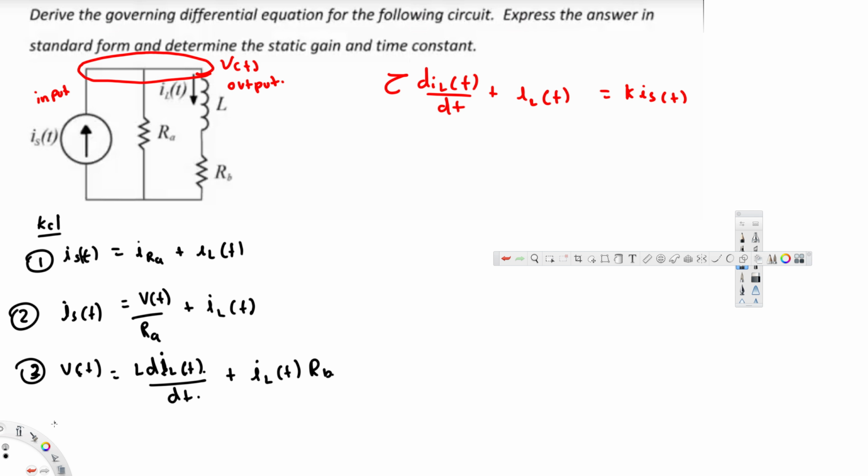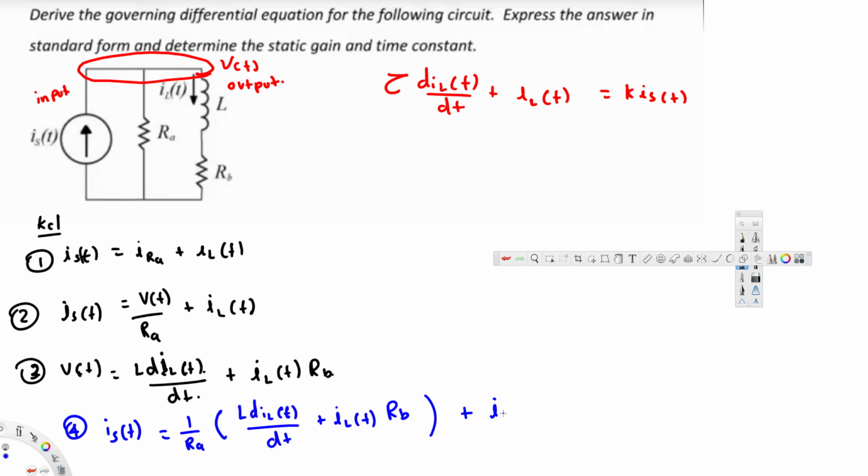If you do that, the fourth equation, let's write this one in a different color, we are going to have is(t) equal to 1 over RA, and instead of v(t), I'm going to plug in this whole thing. So this is going to become L dIL(t)/dt plus iL(t) RB, right? Then we are going to have this plus iL(t). So plus iL(t).